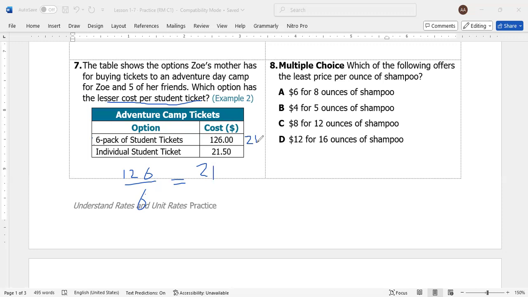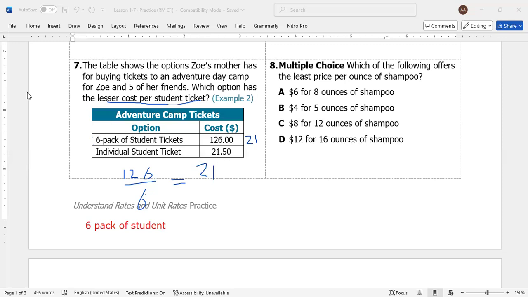If there is a group of students, each one will pay 21. But if they go alone and buy a ticket, it will cost 50 cents more than the group. So which one is costing less? The 6 pack of students will cost less as compared to the individual student ticket.